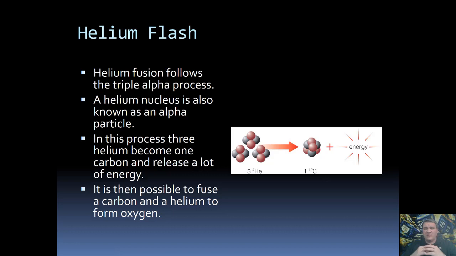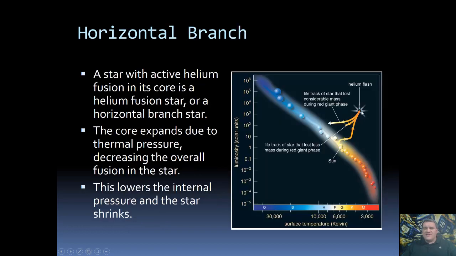Now, it's also possible in this process for it to pick up an extra helium, which will turn it into oxygen. These stars that have active helium fusion in their core are sometimes referred to as helium fusion stars or horizontal branch stars. Notice that this line through here is basically horizontal. In fact, pretty much all astronomers that I'm familiar with refer to these as horizontal branch, not helium fusion stars.